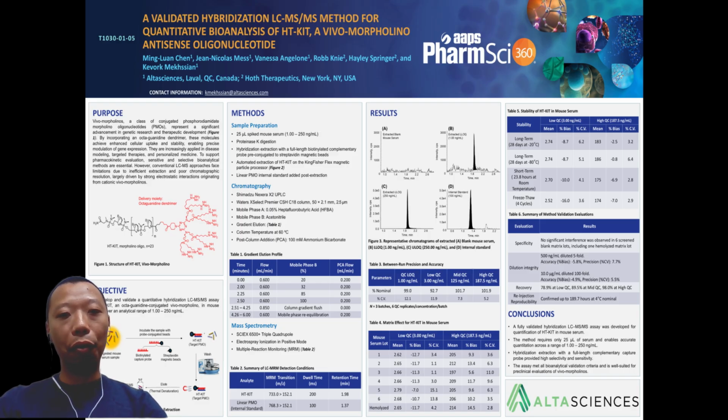By using a full-length complementary capture probe, we achieve excellent selectivity, a very strong signal-to-noise ratio, and high sensitivity. Overall, the method met all validation criteria and is well suited for preclinical evaluation of vivo morpholinos.